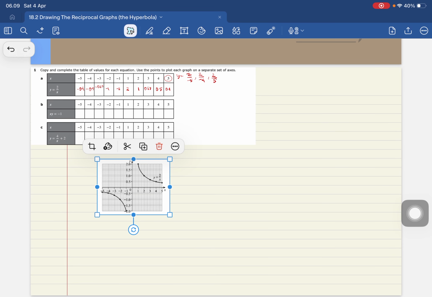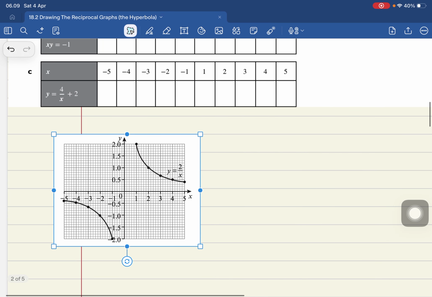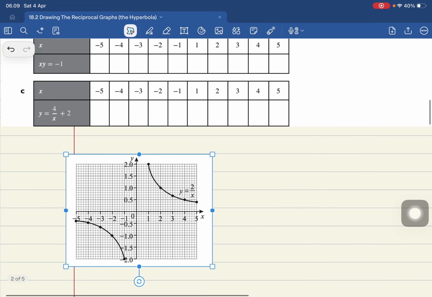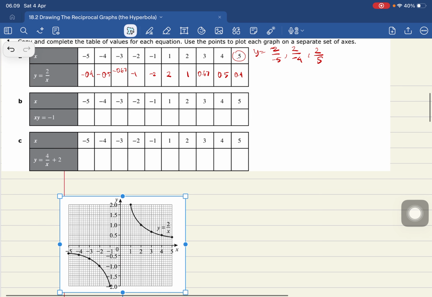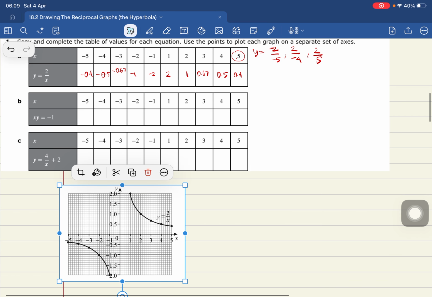Here it is for A. Let me write down all the points. So for A, we've got negative 5 and then 0.4. You can see from here.